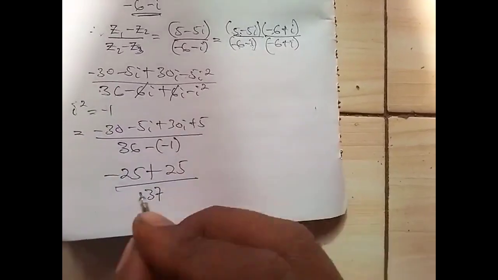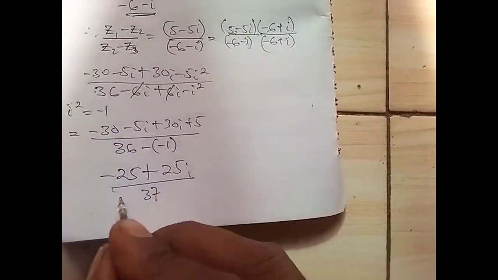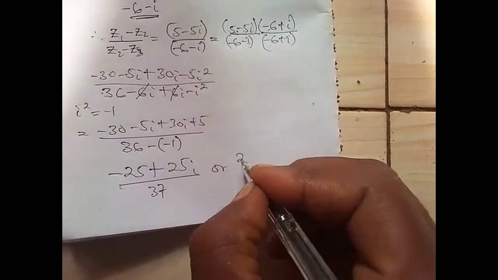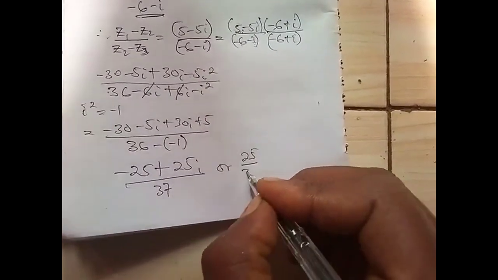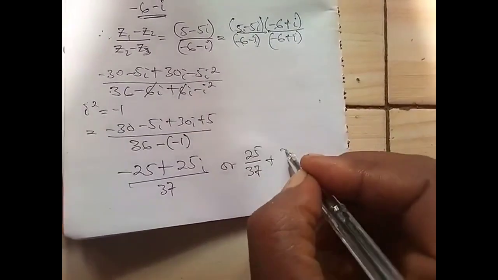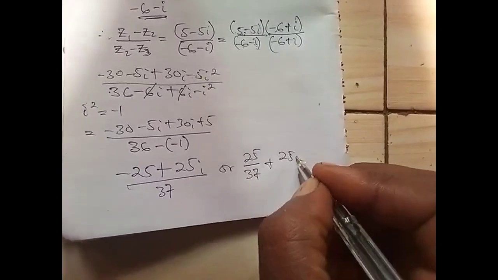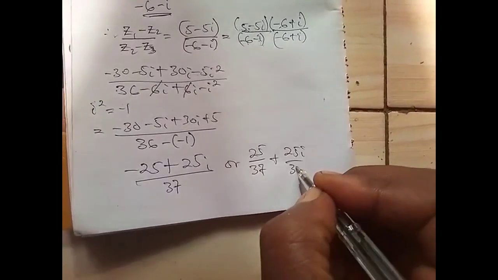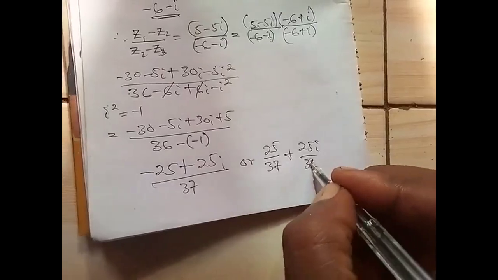So this is our answer: minus 25 over 37 plus 25i over 37.